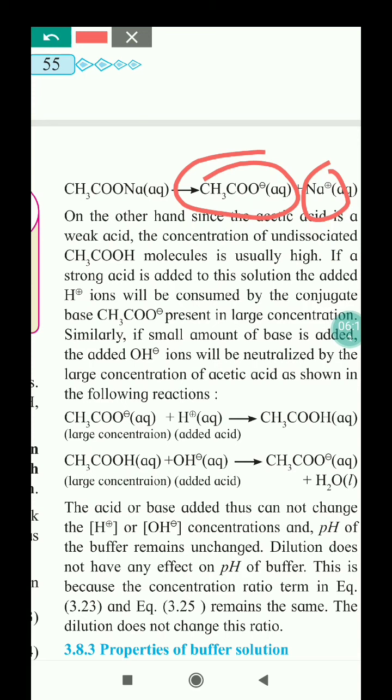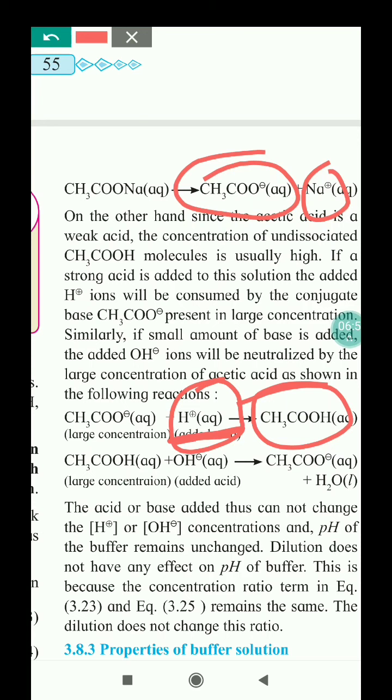By addition of a small amount of acid, H+ ion is added. In order to keep pH constant, the acetate ion from the solution combines with this H+ ion to form unionized acetic acid. In this way, pH of the solution remains constant.